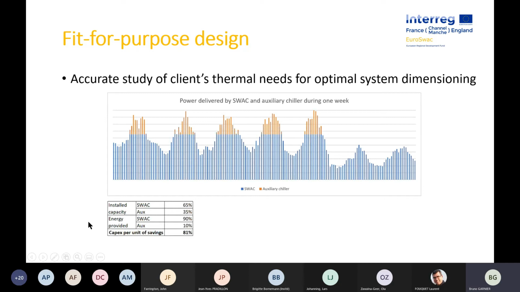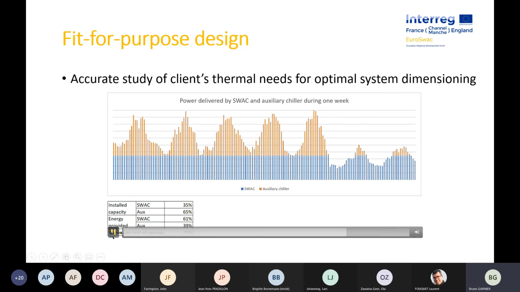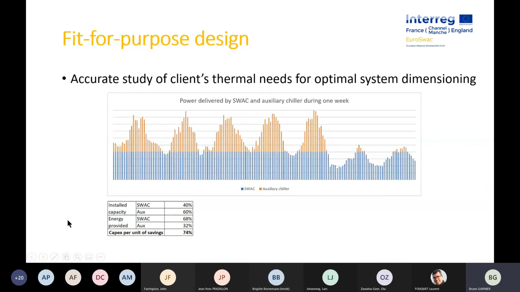So the interest is to find an optimum, and our optimum in our example will be 40%, because with 40% of the installed capacity, we will still be able to produce almost 70% of the energy.